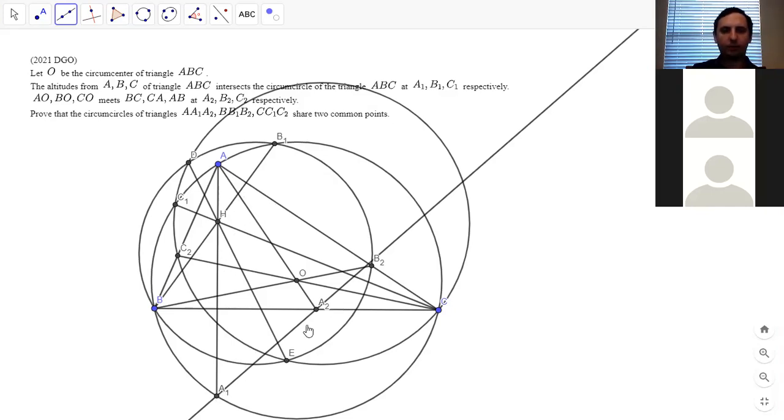I like how it swaps A1 and A2. I just don't know what to do with B1 and B2.